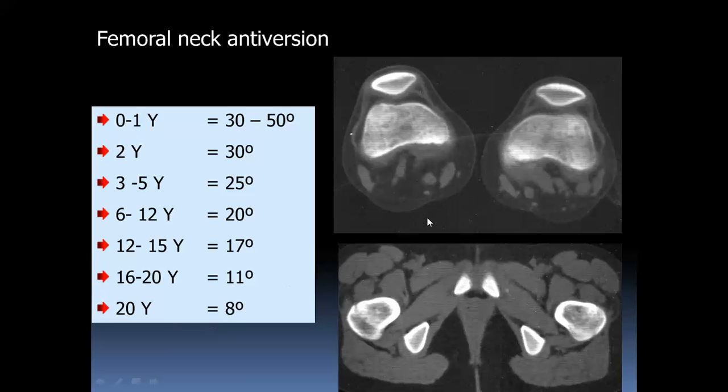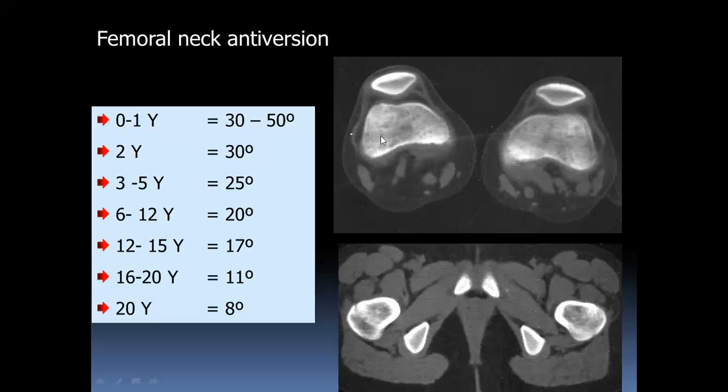Femoral neck anteversion is the line drawn along the axis of the femur, and the line drawn along the axis of the femoral neck.